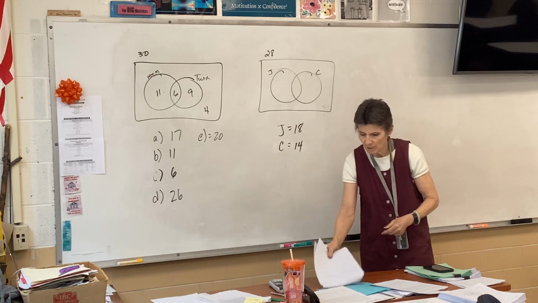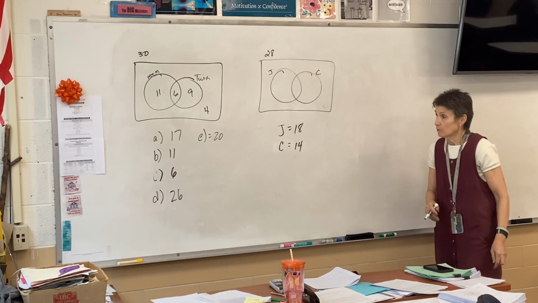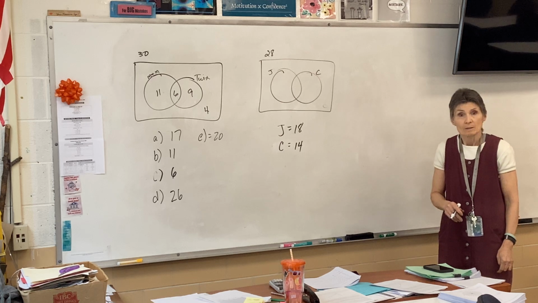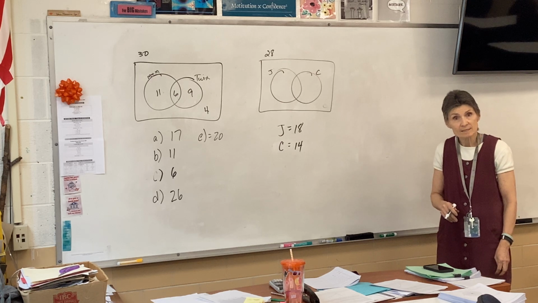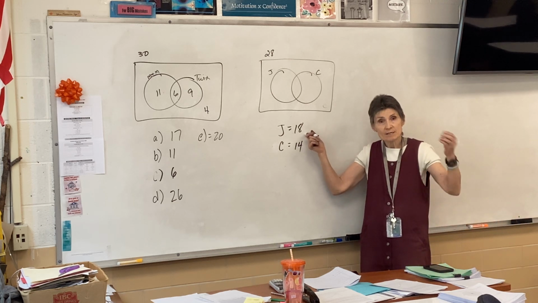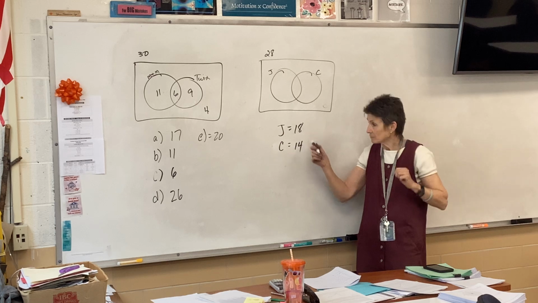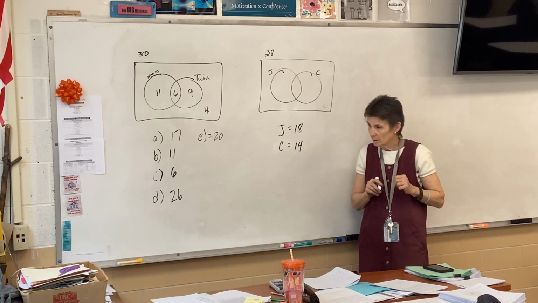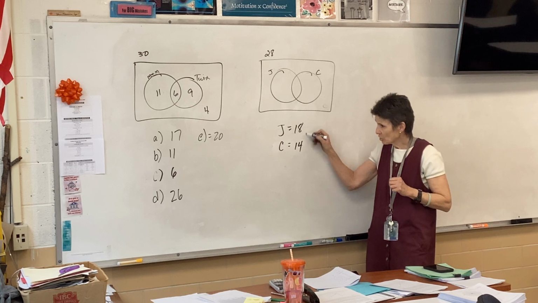Anyway, there's something going on here. What's the problem? We have 28 kids in the room. But when I ask for a vote, 18 jazz hands went up and 14 country hands went up. You see a problem? That's 32.